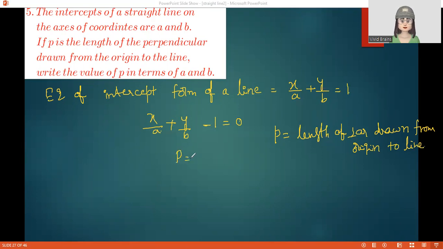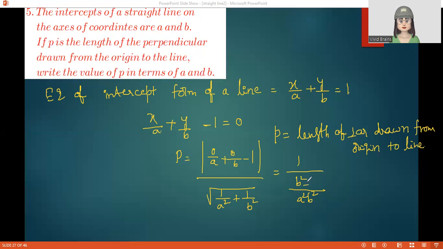So P is equal to the modulus of 0 upon A plus 0 by B minus 1, by root of 1 by A square plus 1 by B square. So this becomes positive 1 upon, if you take the square root, A square B square plus A square under root, so this becomes AB upon root of A square plus B square.